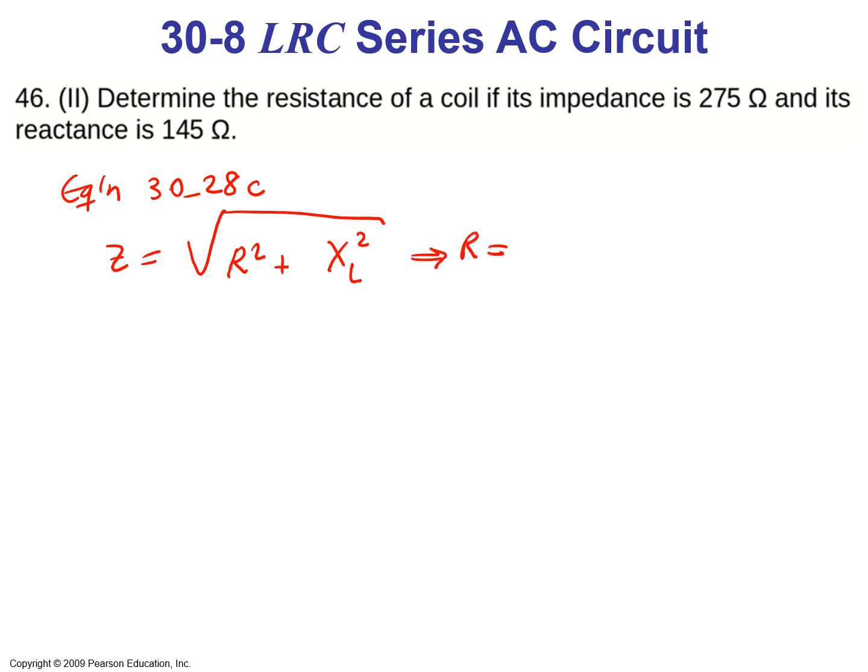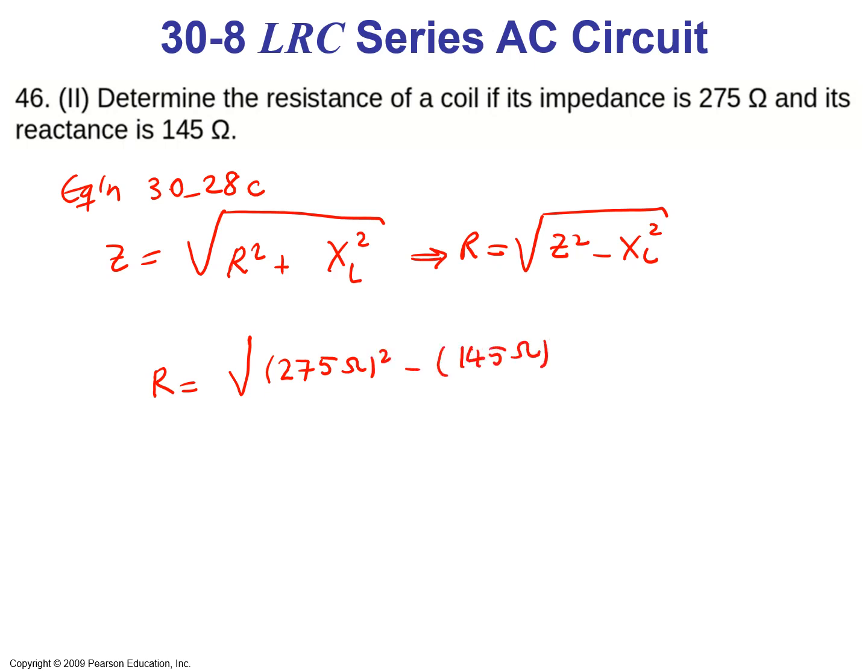Solve it for R, which is the square root of Z squared minus XL squared. Plug in the numbers. R is equal to the square root of 275 squared minus 145 squared, and that simplifies to 234 ohms for the resistance.